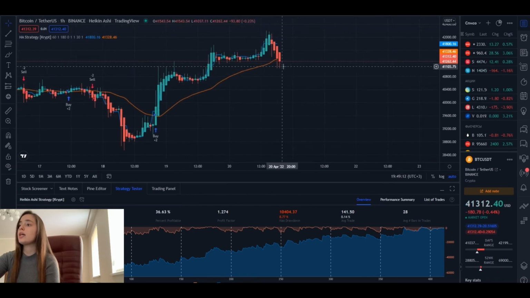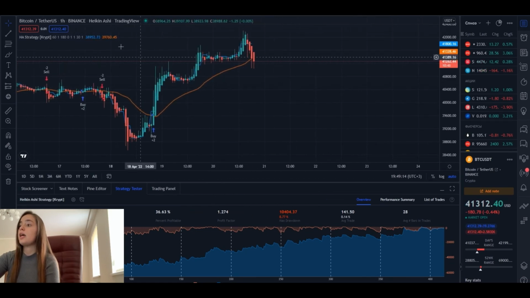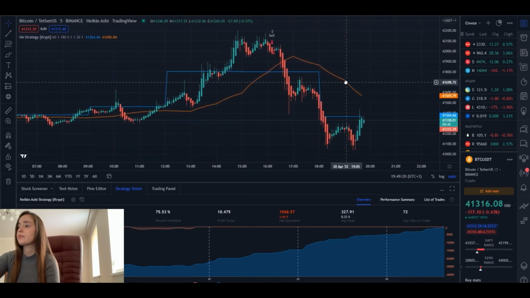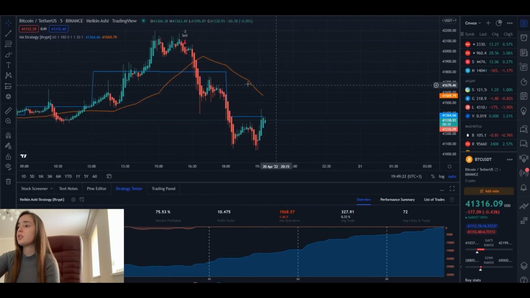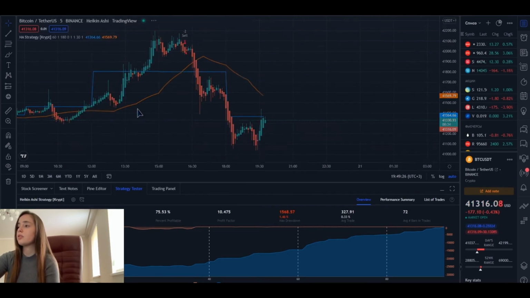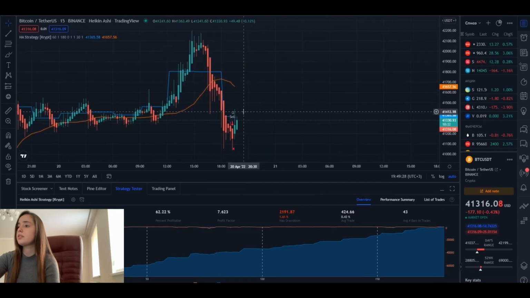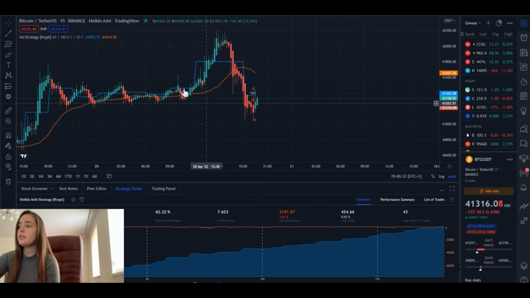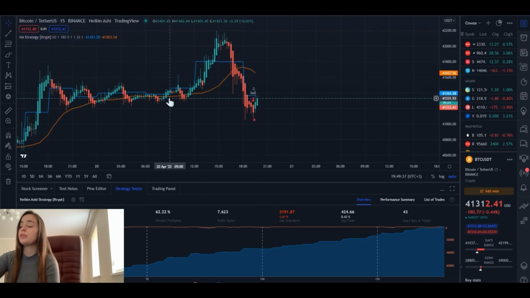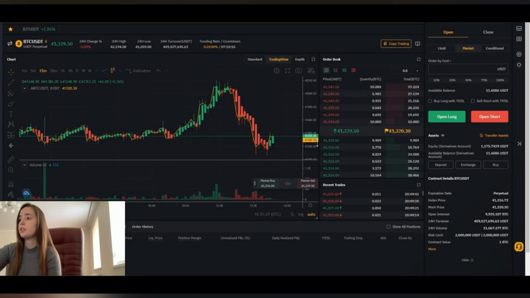Now let's try to open an order using this indicator. Let's find here where the sell signal worked, and now let's try to open a short order. So here it is.